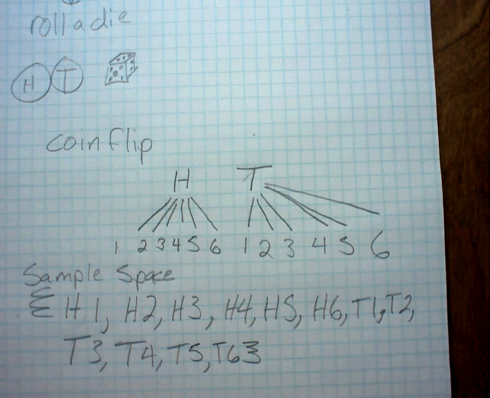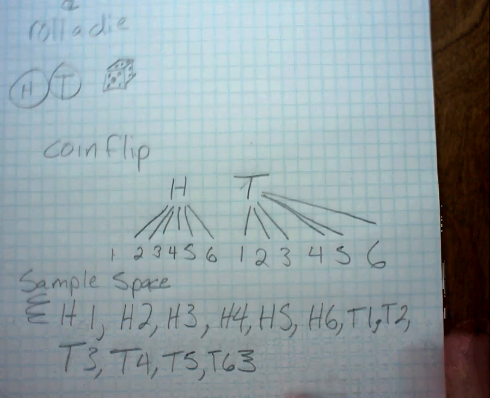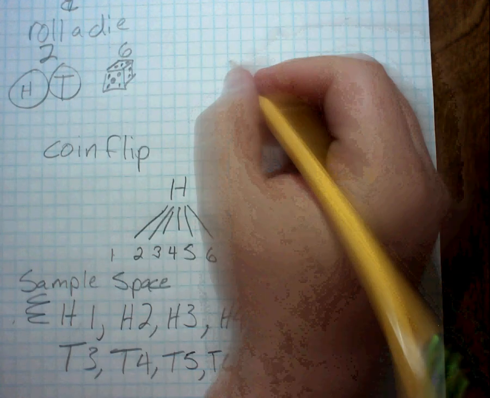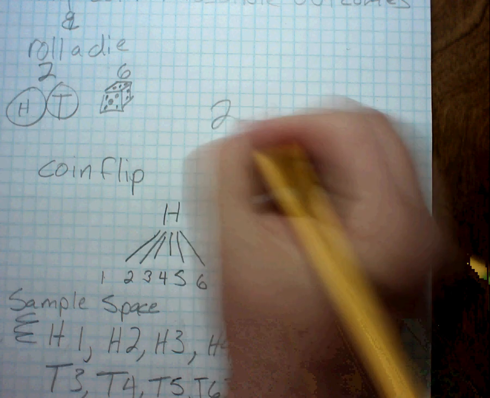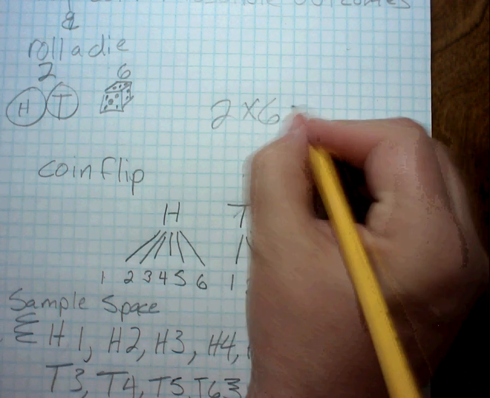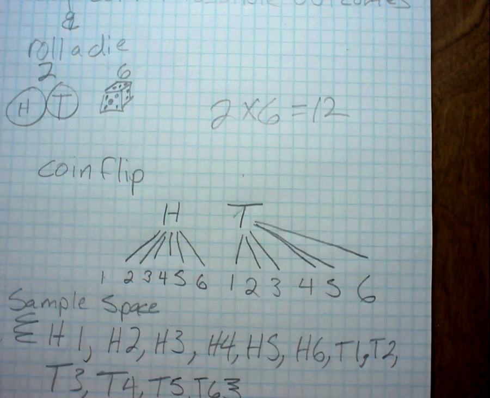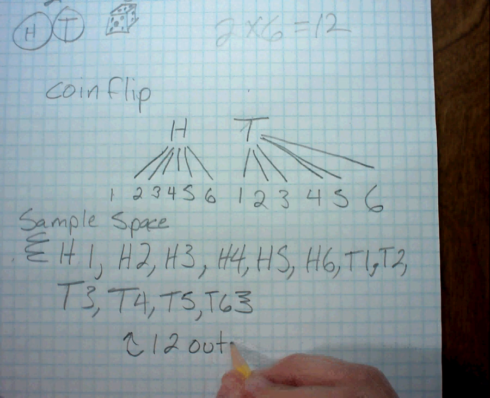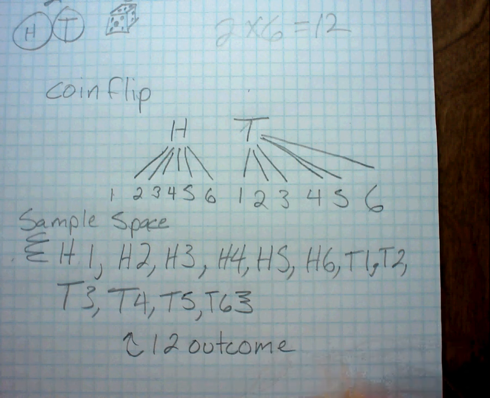Now, if you count that up, that's 12 possible outcomes, but I want you to remember that this had 2 possible outcomes and this had 6 possible outcomes. And so I had 2 times 6, which equals 12. And then I had 12 outcomes here.